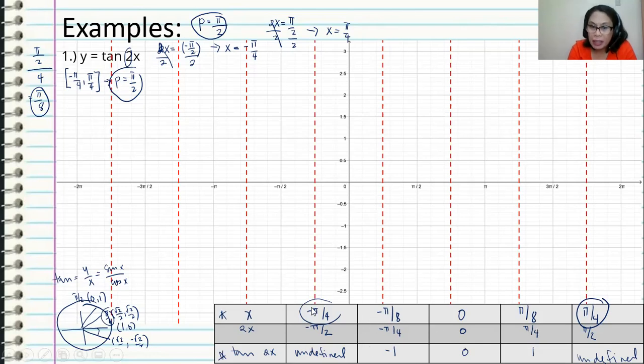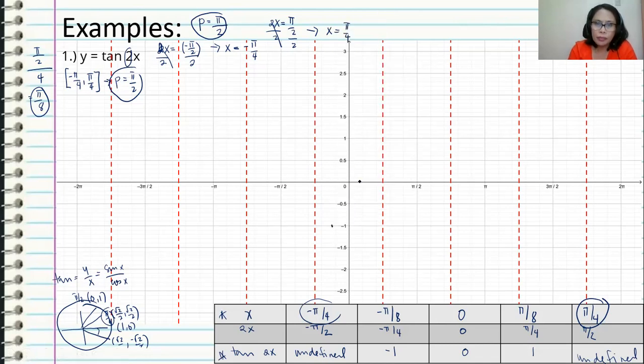So we will be plotting these points. We know that this is undefined, and then negative pi over 4, in between negative pi over 2 and 0, but we have to consider negative 1. So this is negative 1.